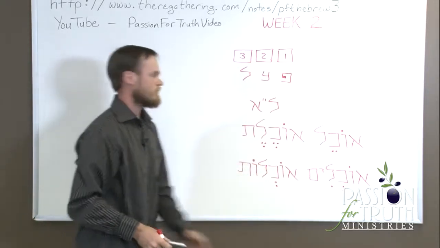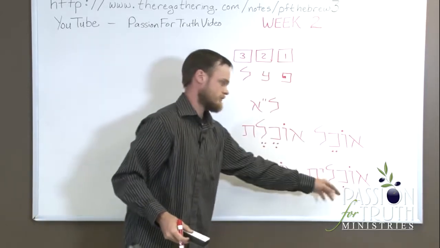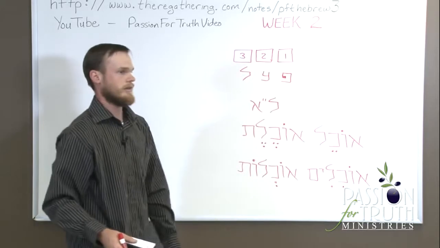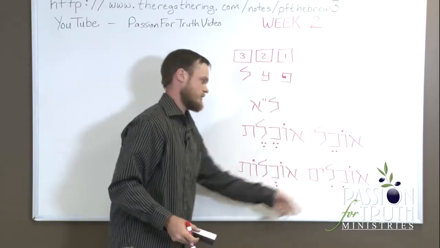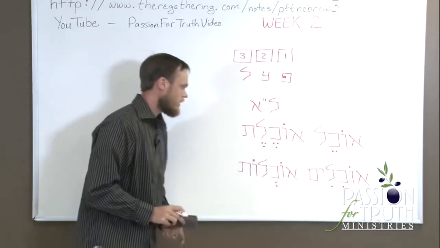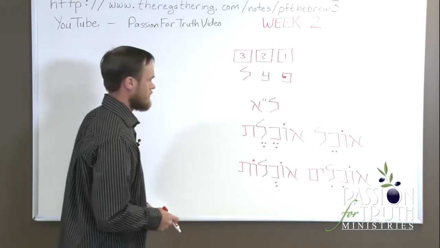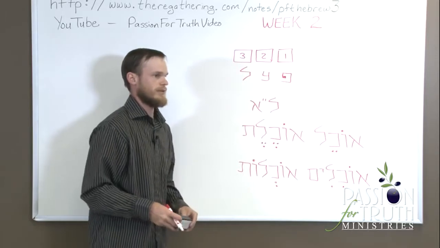So: he is eating, she is eating, they masculine are eating, they feminine are eating. Ochel, ochelet, ochlim, ochlot, all present tense forms of eating.